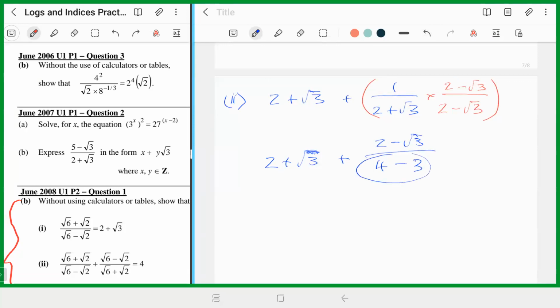Under here says 1. So this reduces to 2 plus root 3 plus 2 minus root 3. These are eliminated, and then the 2 and 2 give me 4. So there, 4.